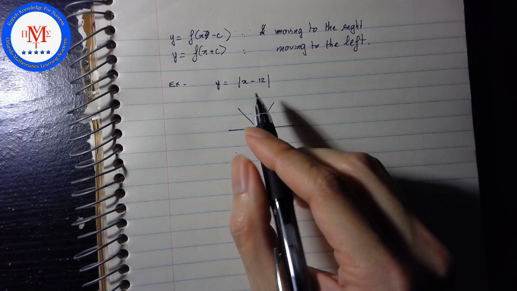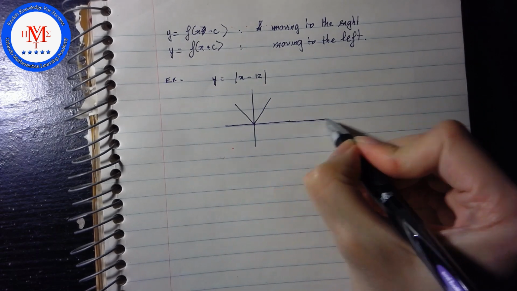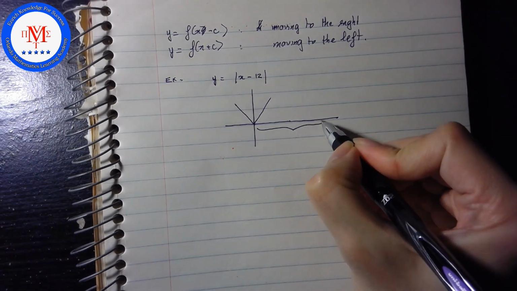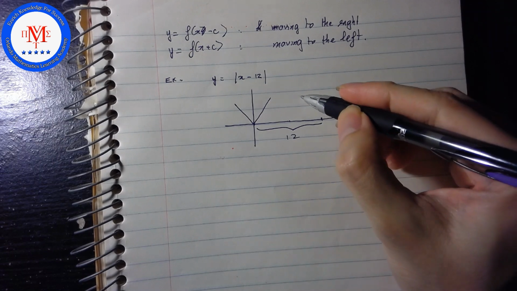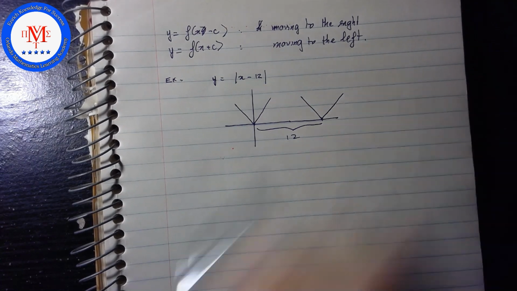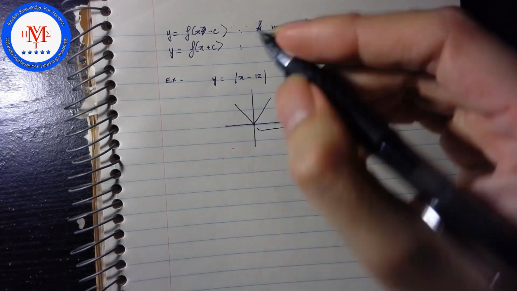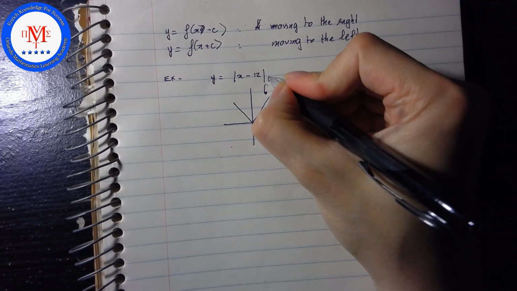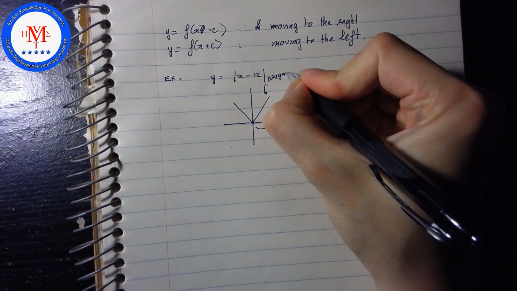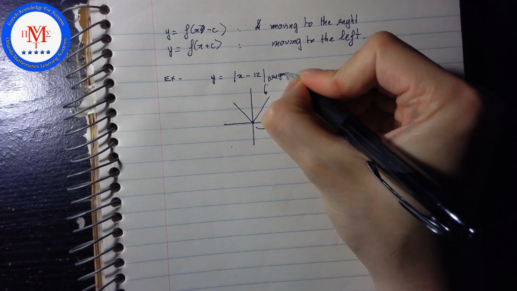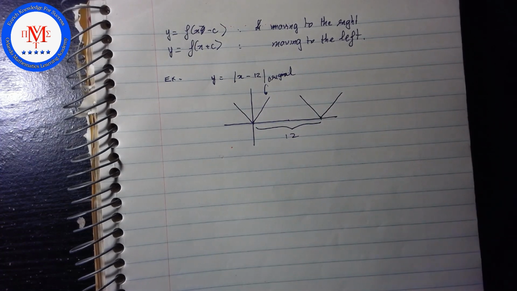So move 12 units from here to here, so the shape will be like that. It's the original function.